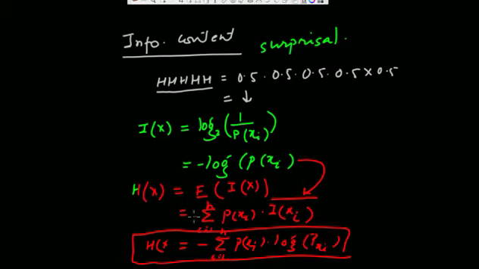So this is your Shannon entropy equation. Okay, now if you didn't get this, let us discuss an example now. Let us say the toss of a coin. How many variables are there first of all?